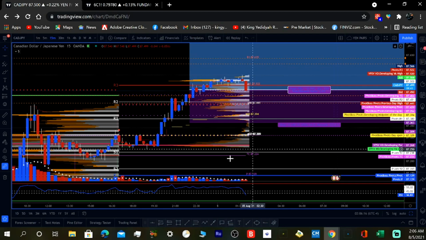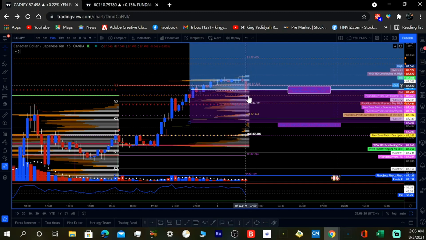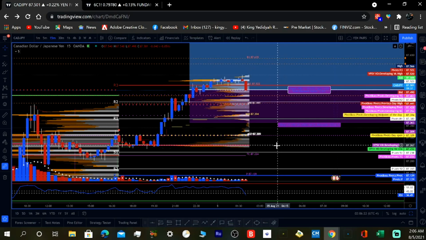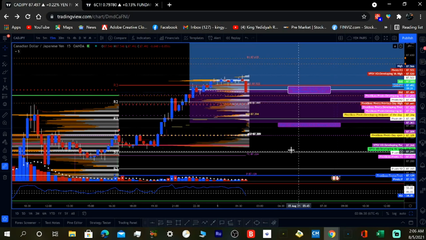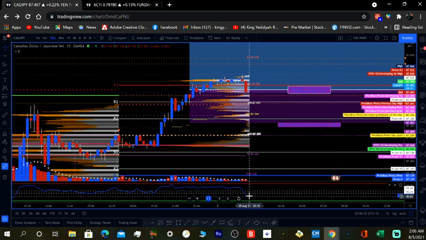So you see we're in a live trade here, pushing down past my level. Yeah, we're dropping hard from this level right here. RSI dropping a lot too.